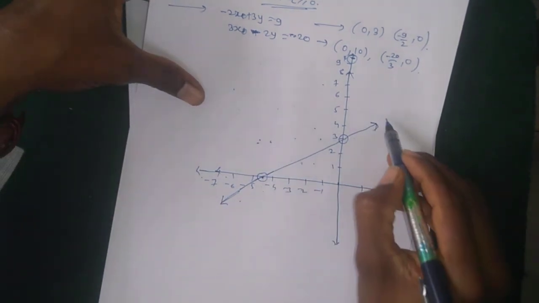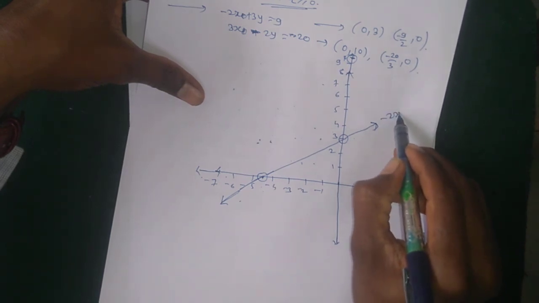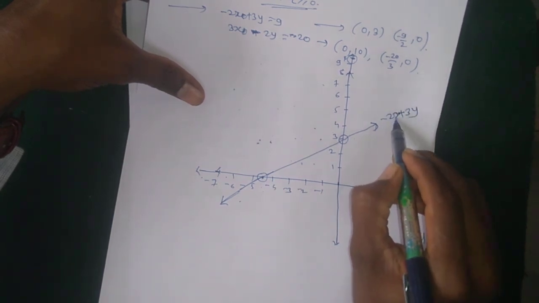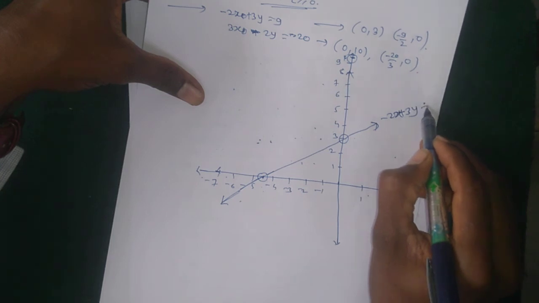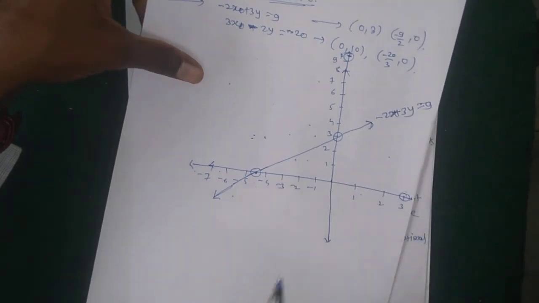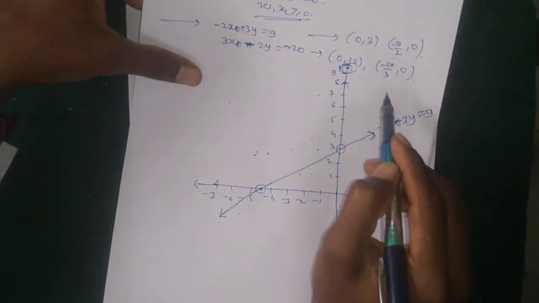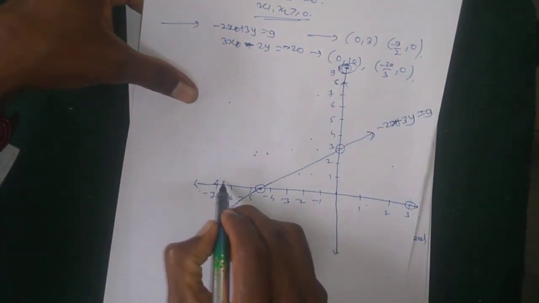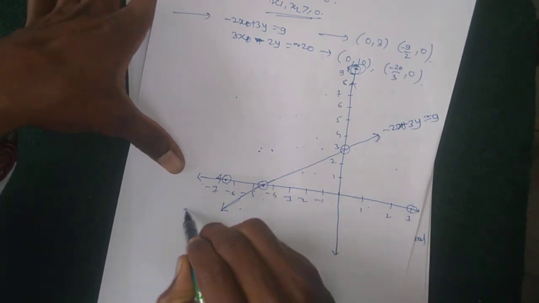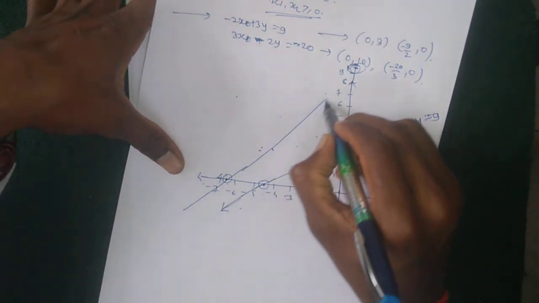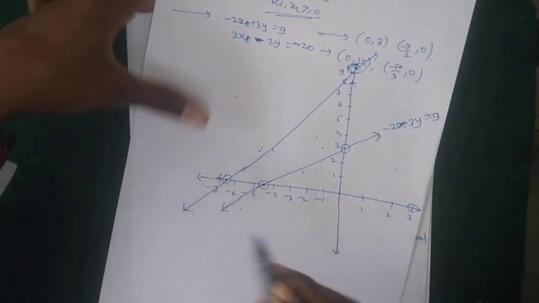Okay, this line is minus 2x plus 3y equal to 9, and the next line passes through 0, 10 and minus 20 by 3, meaning minus 6.66, and we join these two lines.